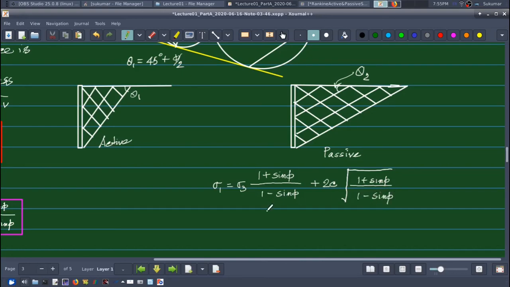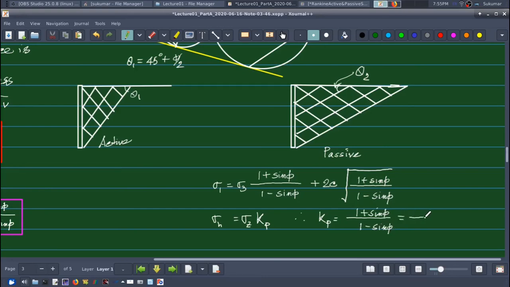Okay, so for a cohesionless soil, my sigma h in this passive case will be sigma z into the coefficient of passive earth pressure Kp. Therefore Kp will be 1 plus sine phi by 1 minus sine phi, or just the inverse of Ka.